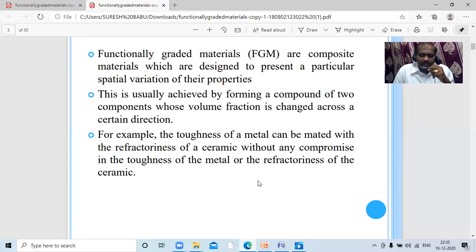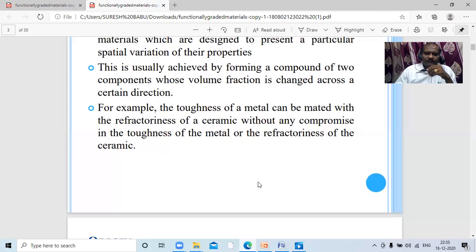By adding the ceramic, toughness cannot be compromised, but the material can be made with a metal and ceramic combination. So that is how it is possible. The toughness of a metal can be mated with the refractoriness of a ceramic without any compromise in the toughness of the metal or the refractoriness of the ceramic.